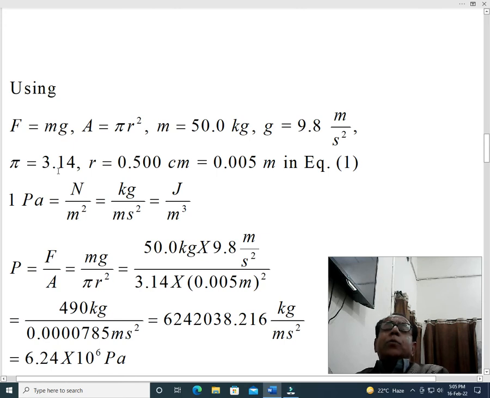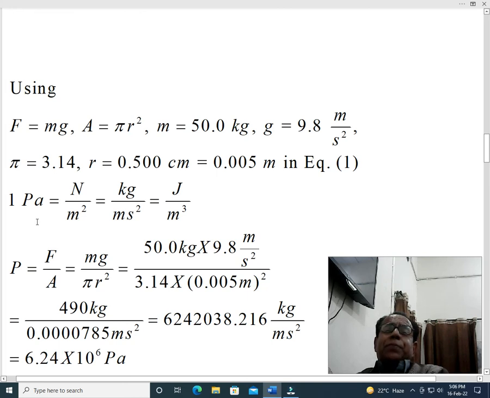Pi is 22 by 7, 3.14. r is given as 0.500 centimeter, but because we follow the MKS system, we convert it to meter, which becomes 0.005 meter. In equation 1, we will use all these values.